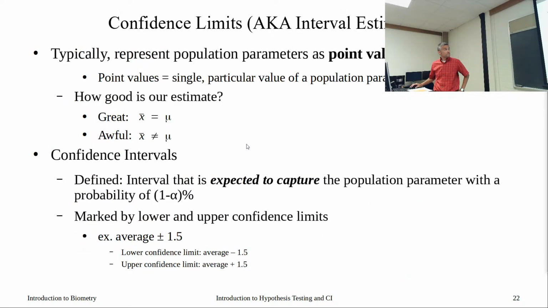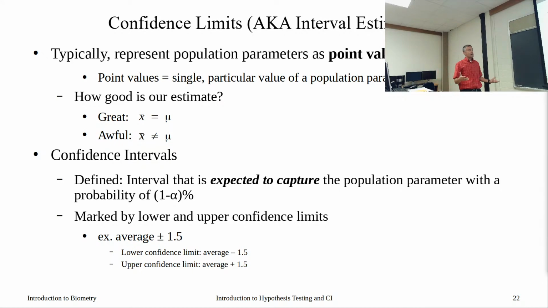All right, so this leads to our confidence limits. Confidence limit is basically generating some interval which is telling us how likely we are to actually capture that true value. So we're kind of getting closer to hypothesis testing at this point.